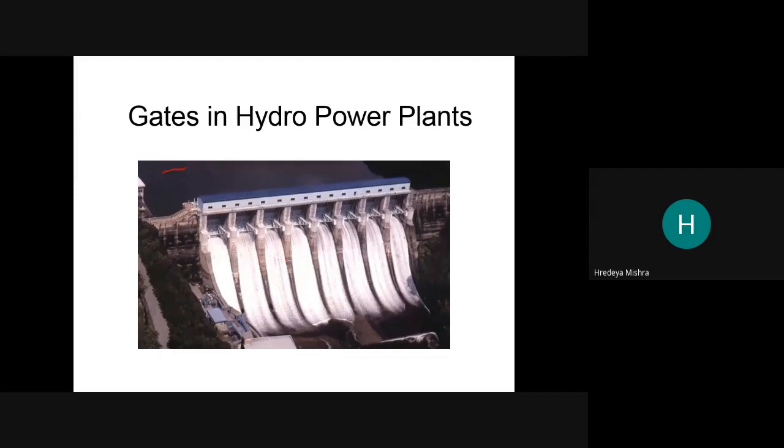So we can say that the velocity of water is directly proportional to the root of H, because g is constant and Cv is also constant.